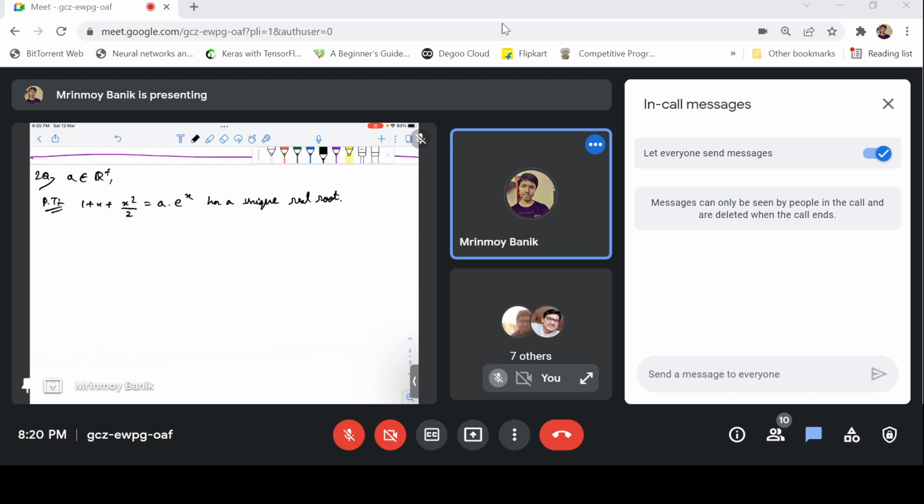So what about this one? We have a polynomial on the left and an exponential on the right, and what are the roots? Something like this.